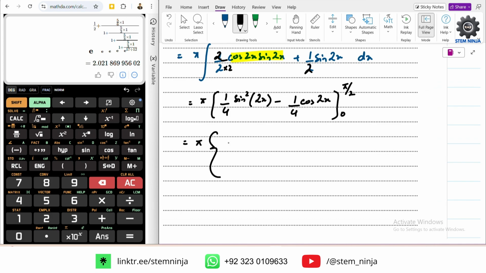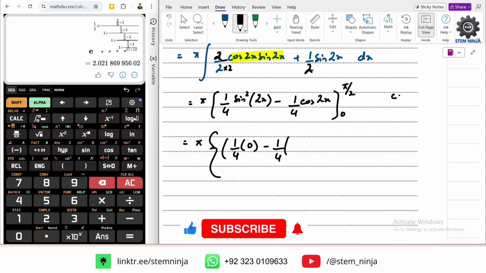Pi, 1 over 4 sine of 2 pi by 2, sine of pi, basically 0, minus 1 over 4 cos of 2 times pi by 2.